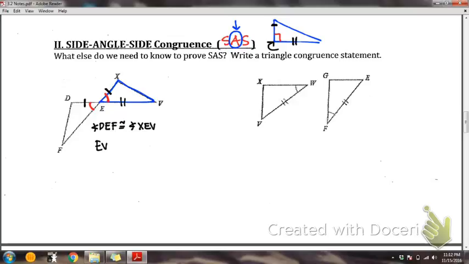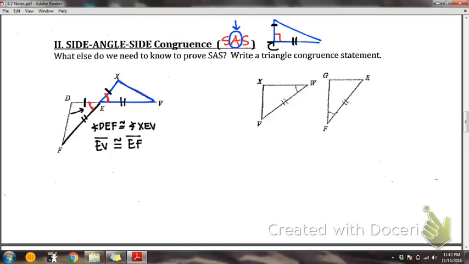So I need EV to be congruent to, which side over here in the other triangle do we need to be congruent? So that we get side, angle, side. It would have to be EF, right? If I mark EF congruent, then you can see that the angle is in between the two sides. So I would need EF to be congruent. Okay?